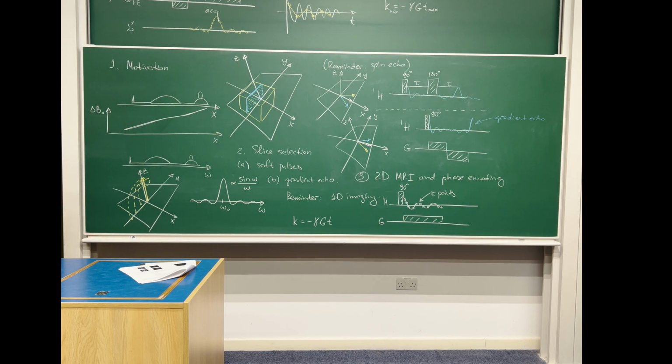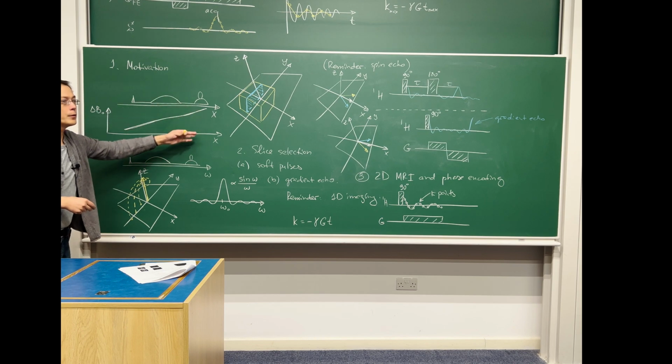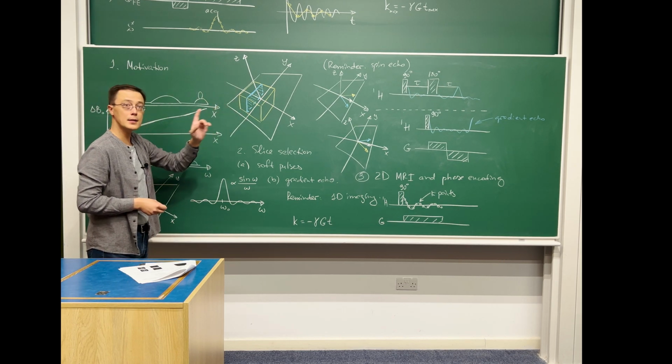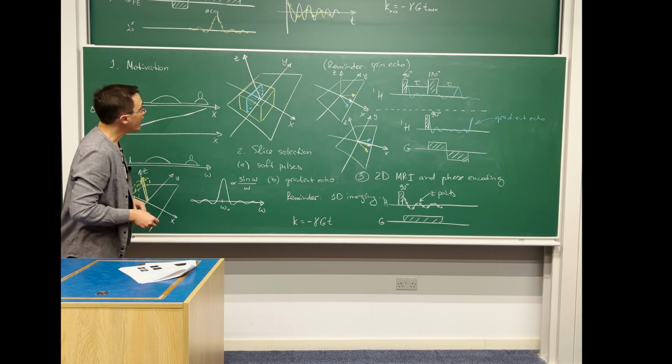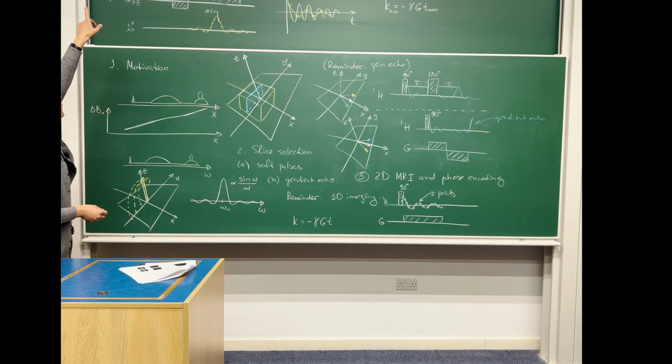This picture becomes a bit more complicated when we have to deal with a three-dimensional sample, because this can only record as a 1D. So on a three-dimensional sample, we have to do it in stages. First, we need to only excite just one slice, and then we need to acquire that slice in a complicated, concerted way involving all three gradients. And this is how we do it.